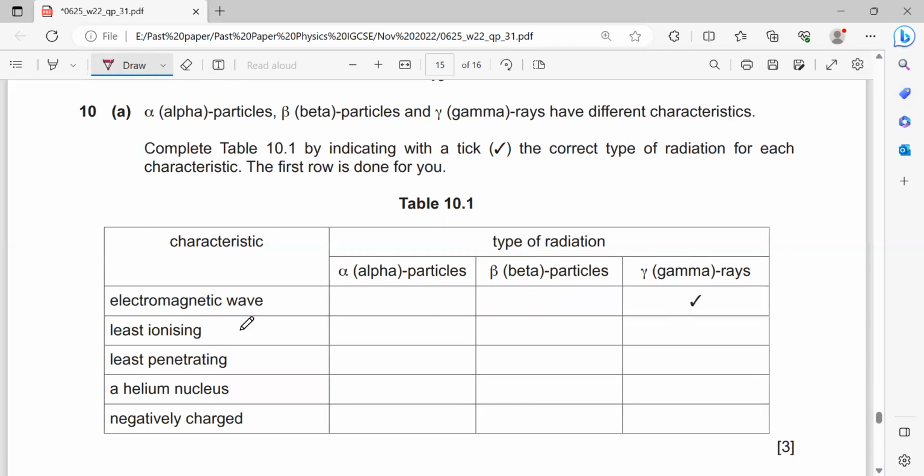Less ionizing is gamma rays. Less penetrating is alpha particles. A helium nucleus is alpha particles, and negatively charged is a characteristic of beta particles.